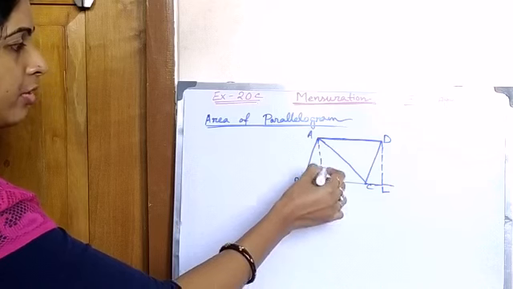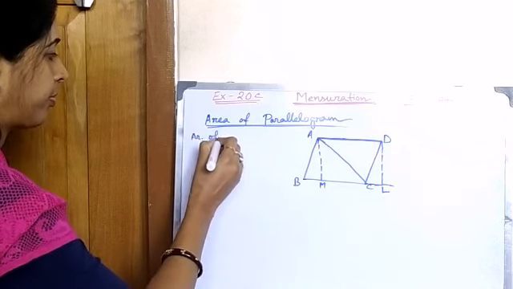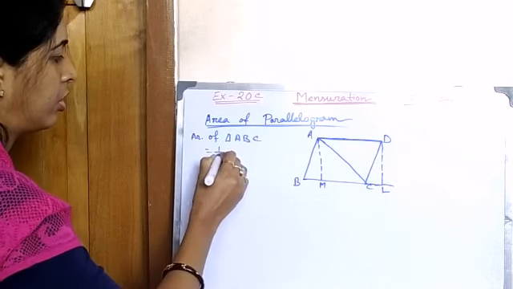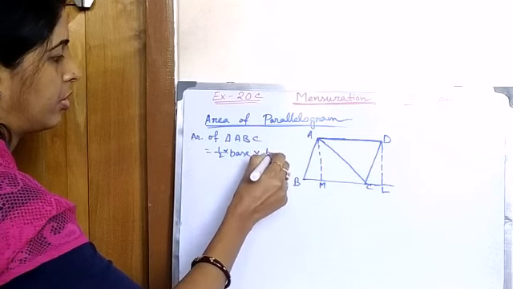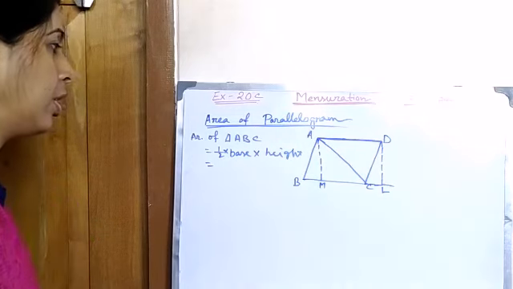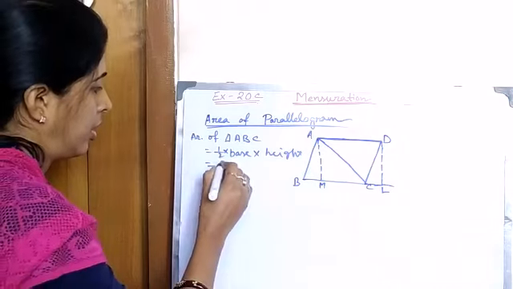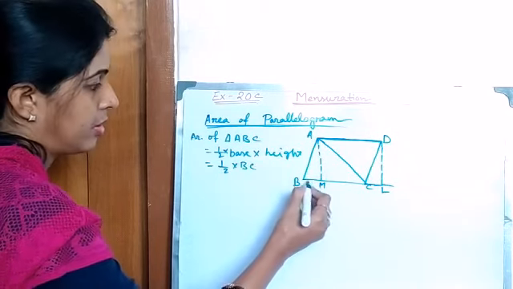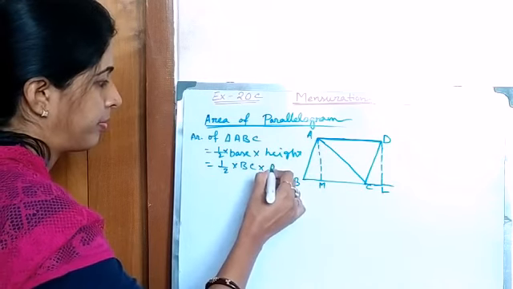So first I will find out the area of triangle ABC, equal to half into base into height. Half into base, BC is the base, into height, that is AM.